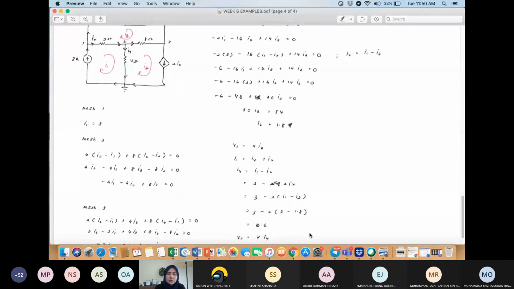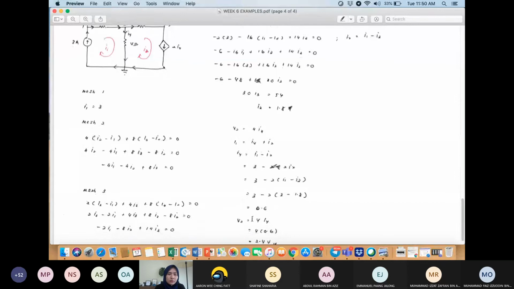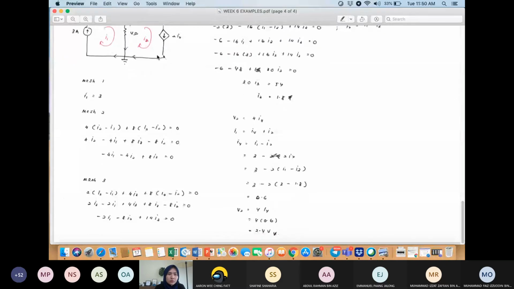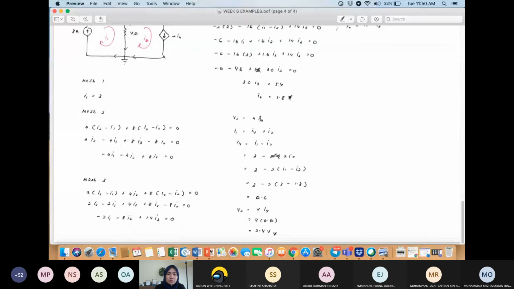Put in the values, you will get I4 equals 0.6. After you get I4, then only you can use Ohm's law to calculate the V at node 2. V at node 2 is 4 multiplied with I4. So I4 is 0.6 and lastly the voltage is 2.4 volts.